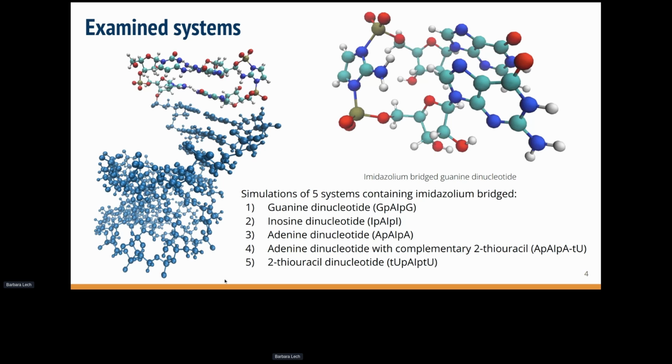And at the end, I created 2 more systems where the adenine nucleotide was almost the same, but in the complementary strand, I changed uracil to thio-uracil. And then I made 1 more where the imidazolium-bridged dinucleotide was paired to thio-uracil. That was also a case where experiments showed that changing uracil to thio-uracil makes the system more stable, and the rate was higher.